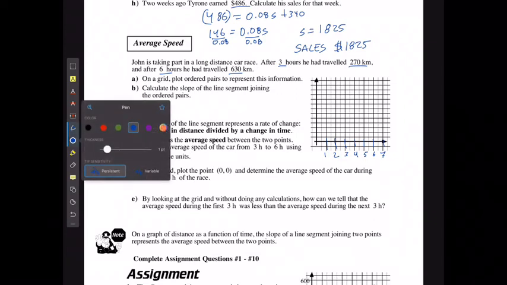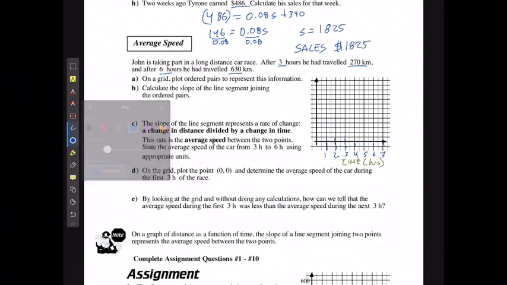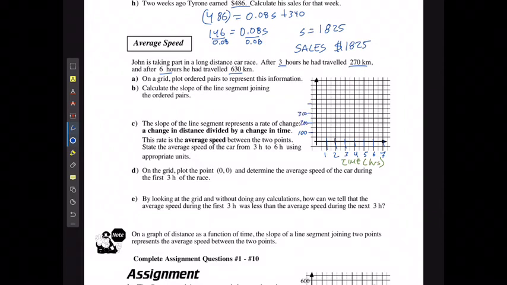And I'm also going to state that this is going to represent the time in hours. For the y values to make everything fit, I'm going to say that every second line is going to be worth 100, 200, 300, 400, 500, 600, and it's actually going to go up to 650.